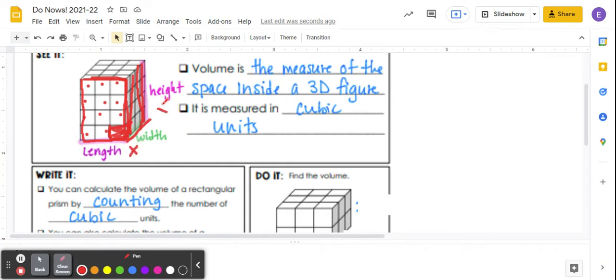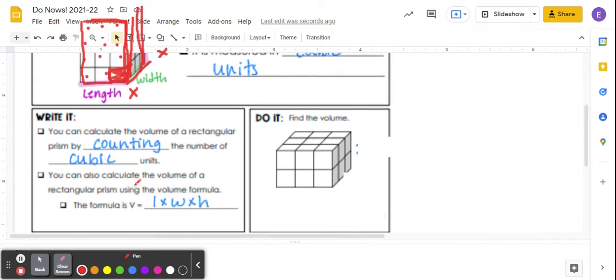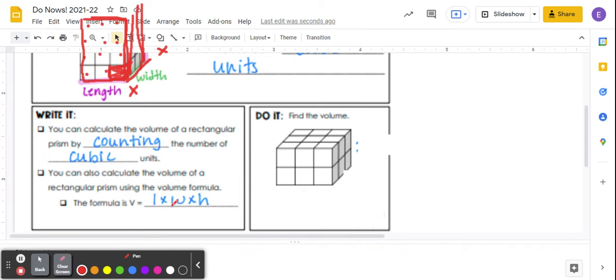It's just a faster way of counting up those units, just like multiplication is a faster way of doing repeated addition, right? So the formula is simply length times your width times your height, right?